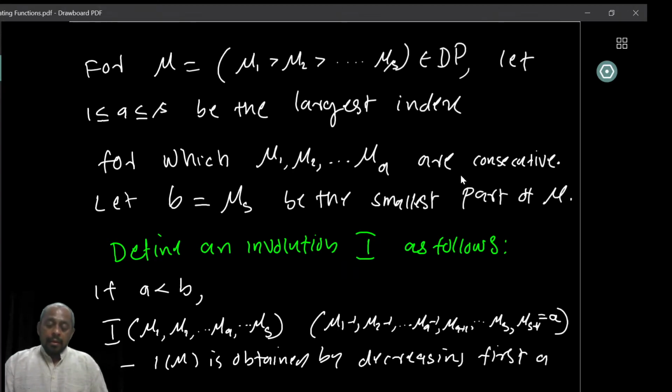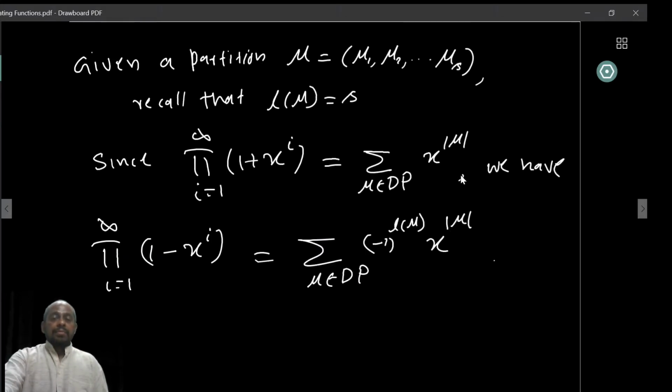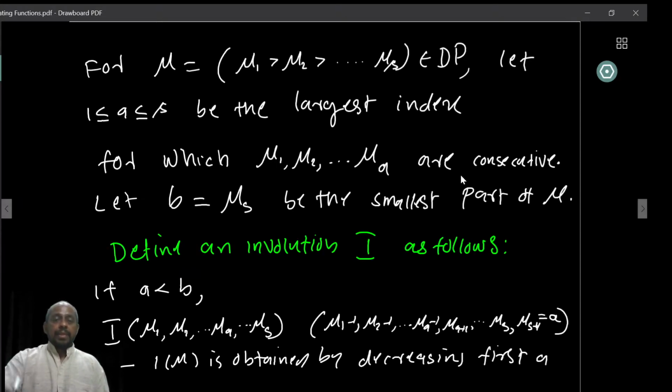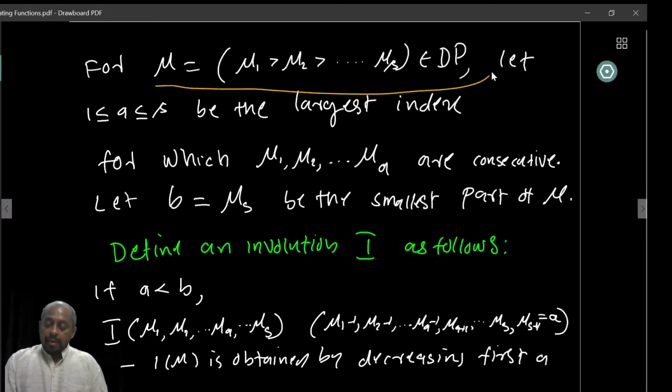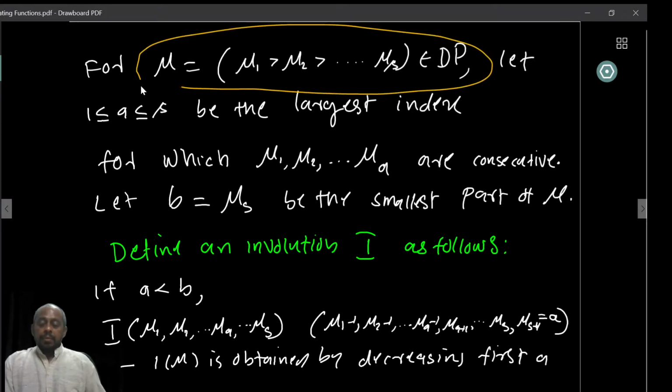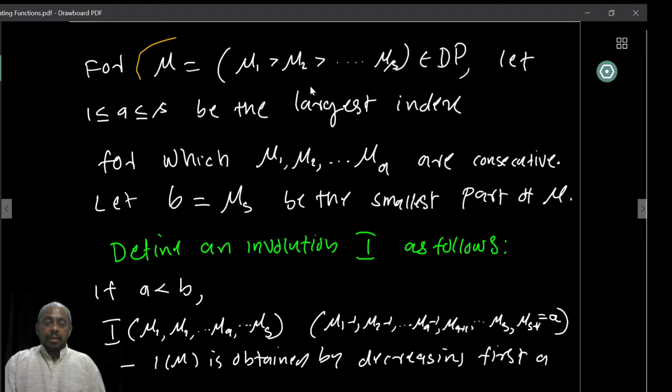Now, let us define an involution to see in the product if something gets cancelled or not. So given any partition mu, because it is in distinct parts, and in the partition we are ordering in the decreasing order, I get mu1 greater than mu2 greater than ... mu s.